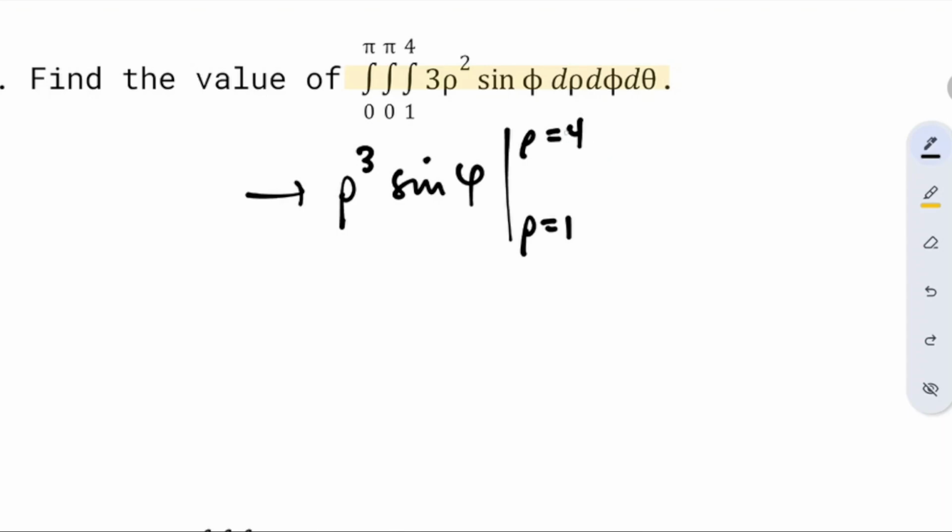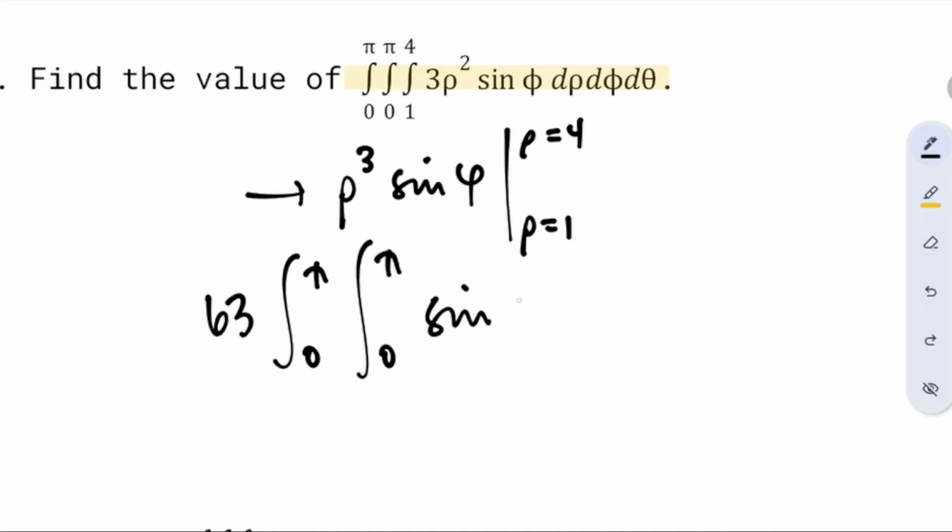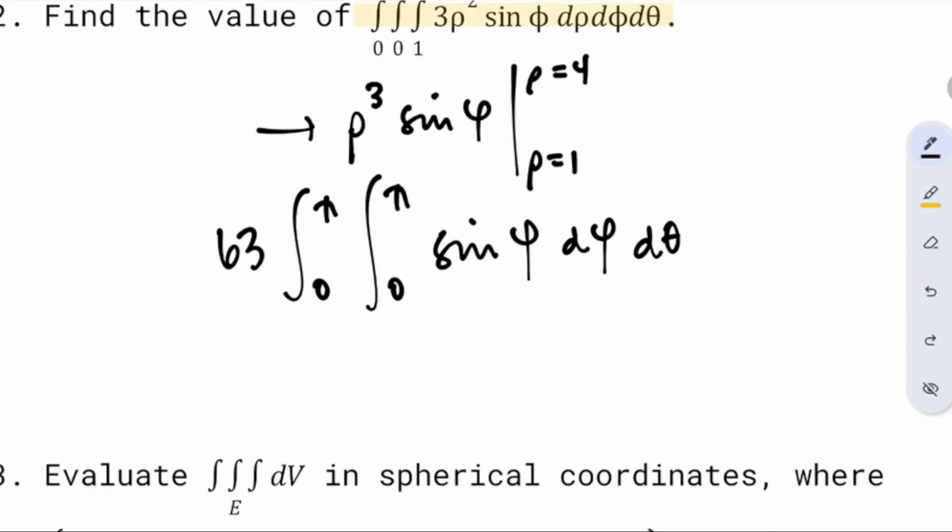I'm going to definitely write that to make sure I don't make an error. 4 to the third is 64 minus 1 to the third, that'd be 63 sine of phi, d phi d theta. And so that's the next step. The antiderivative for sine is negative cosine. So that's negative cosine of pi minus negative cosine of 0.